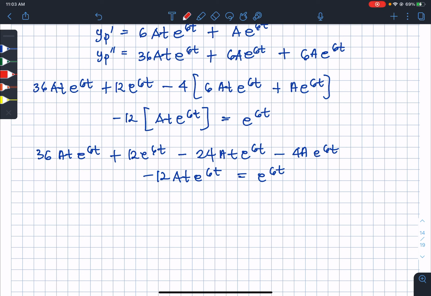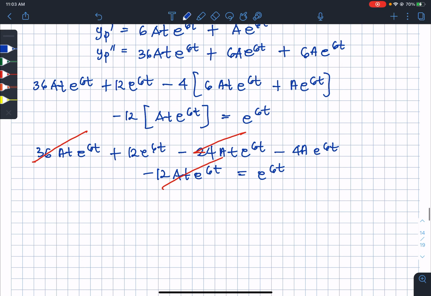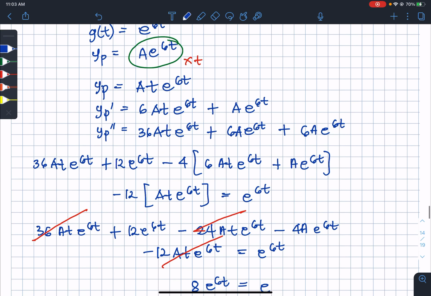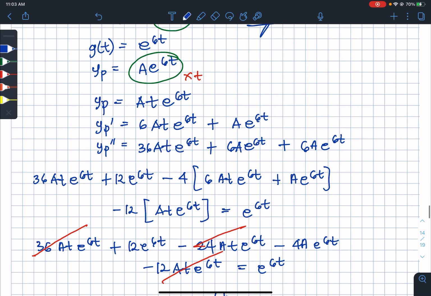So you can see here, negative 24, negative 12 is negative 36. So 36 minus 36 is 0. So we'll just have 12 minus 4 is 8. I think there's something wrong.